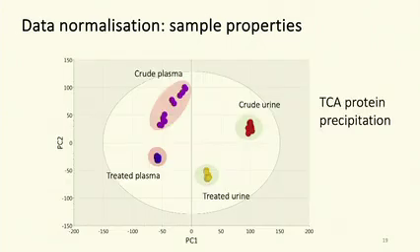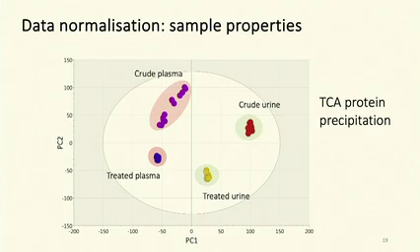We did a little proof of concept analysis. We analyzed raw urine and raw blood plasma, and we precipitated the proteins in the samples with trichloroacetic acid and repeated the analysis. In this principal component analysis plot, we see that the grouping of urine samples remains quite close, so those are reproducible measurements across samples not treated and treated for deproteinization.